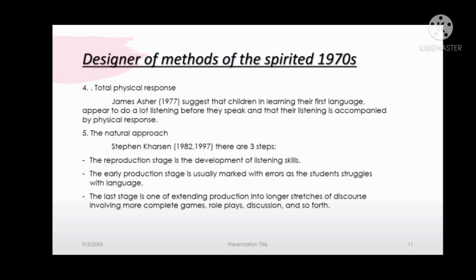The first one is the preproduction stage, which is the development of listening skills, and the second one is the early production stage, which is usually marked with errors as the student struggles with language, and the last stage is one of extending production into longer stretches of discourse involving more complete games, role plays, discussions, and so forth.